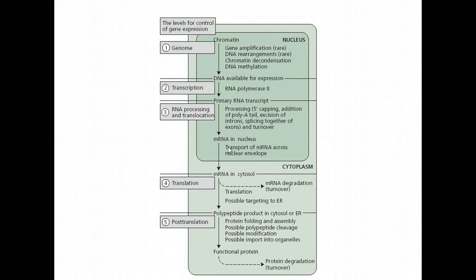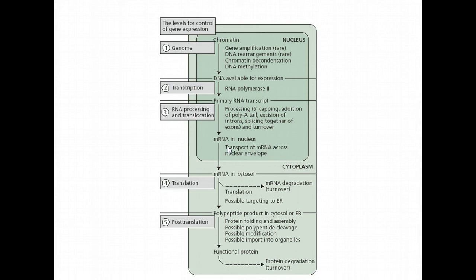So we have the genome, of course. Then we have transcription, which requires RNA polymerase II and a lot of other enzymes. Then we have processing and translocation. Processing is when the 5' cap is added, and that string of adenines, of A's, is added to the other end of the RNA molecule.